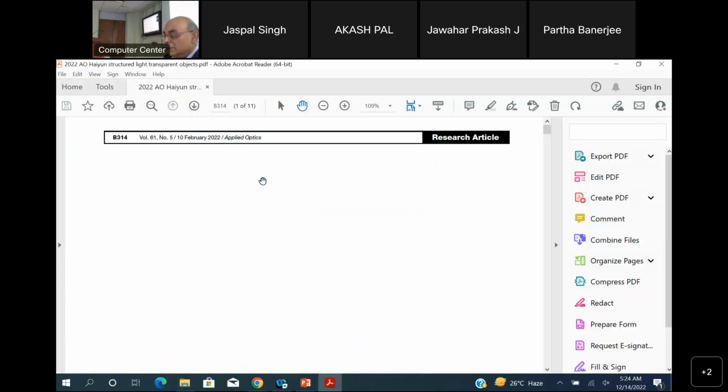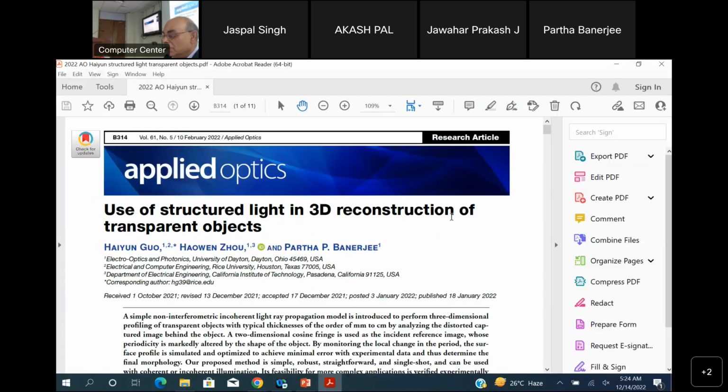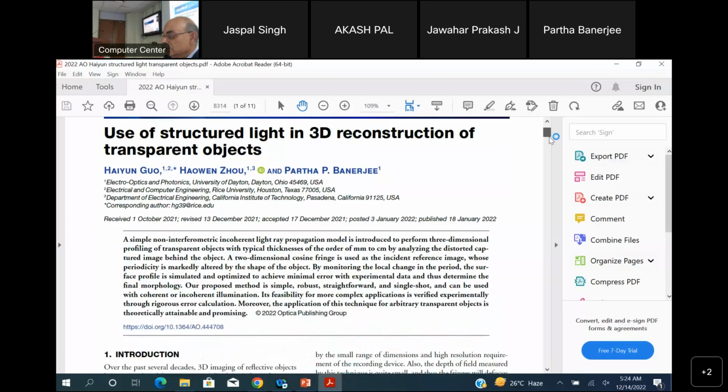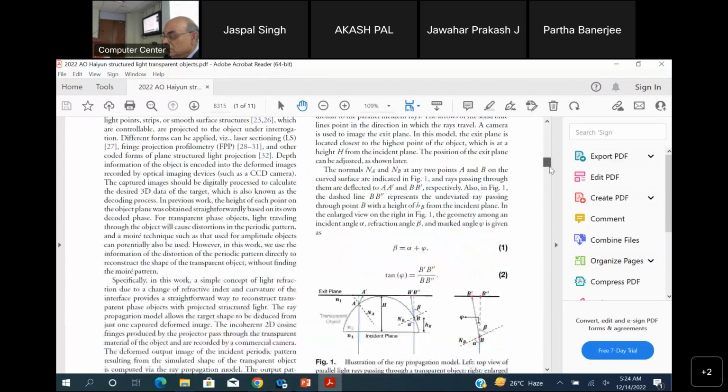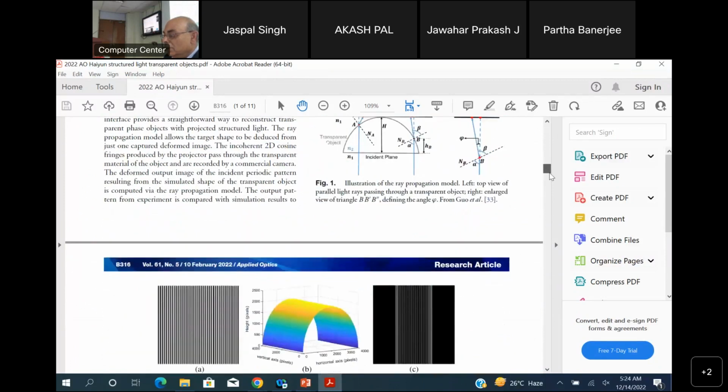Here, okay. Just came out this year. Here, use of structured light in 3D reconstruction of transparent objects. So here you'll see that we are actually doing the same thing, but we are testing it on a surface like this. This is like a thick lens, a thick plano-convex lens.